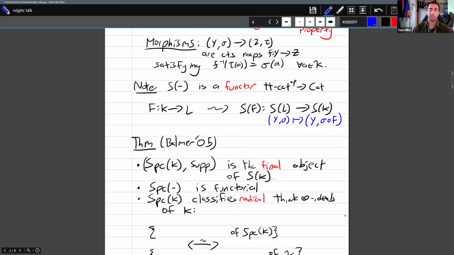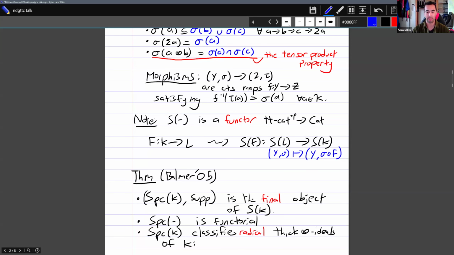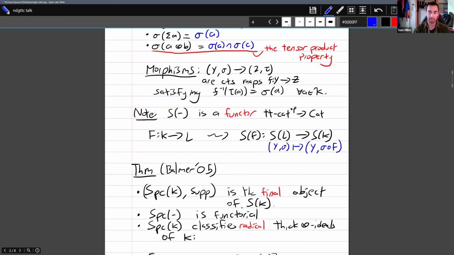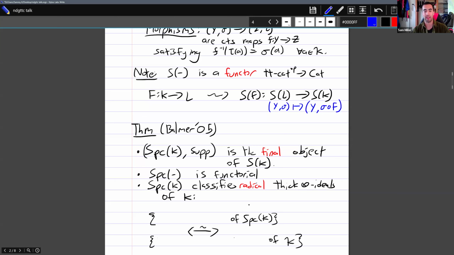And so Balmer's main theorem is that this pair, Spc of K with supp, is universal. It is the final object in our category of supports. It's functorial. And moreover, this can then be used to classify radical thick tensor ideals.